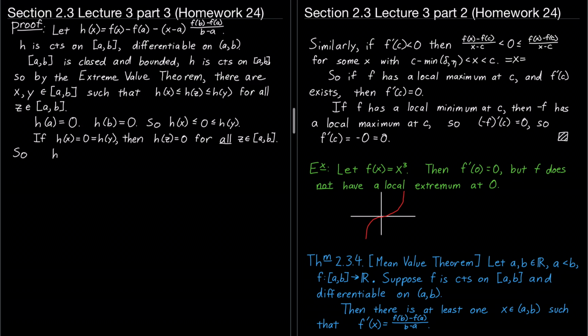So h prime of z, the derivative of 0 we all know is 0, so I can just put a 0 here, but then we write it out, we get f prime of z, and then the f of a goes away, the derivative of x minus a is 1.